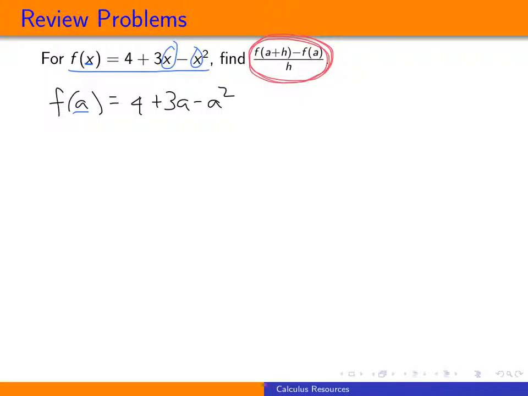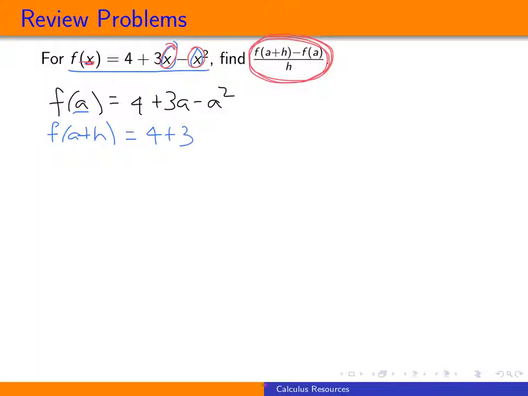The other piece of that numerator is f of a plus h. It's going to work in the same way. Now that I have an a plus h inside the parentheses, that a plus h is going to go where x is in the original definition of the function. So my f of a plus h is going to be equal to 4 plus 3.